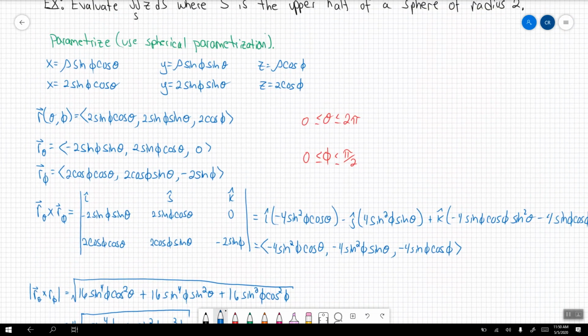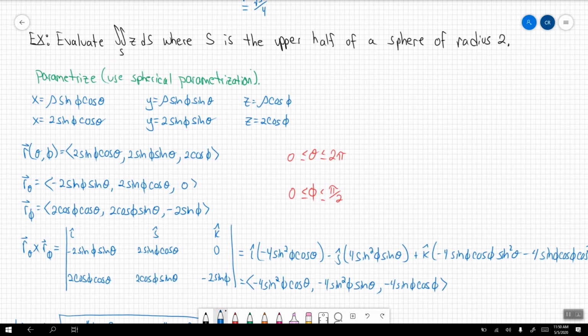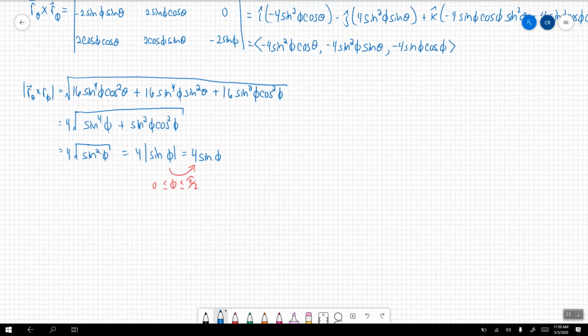So let's look at that surface integral once again. Here we are, surface integral, circled it right there. We're going to use that. So we're going to go back down. Here we go.